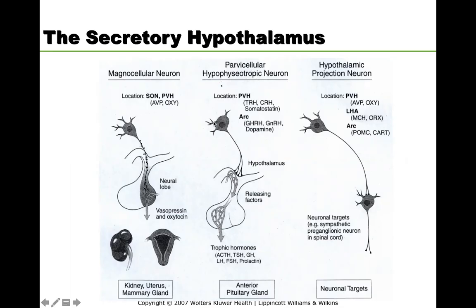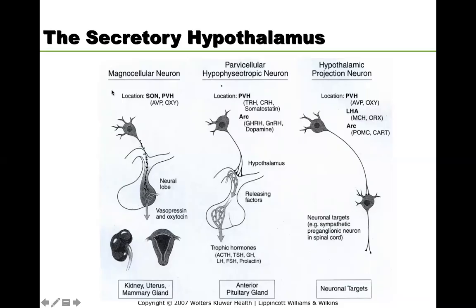These neurons produce hormones, and these hormones act on the anterior pituitary to produce all the tropic hormones. So it is called hypophysiotropic.